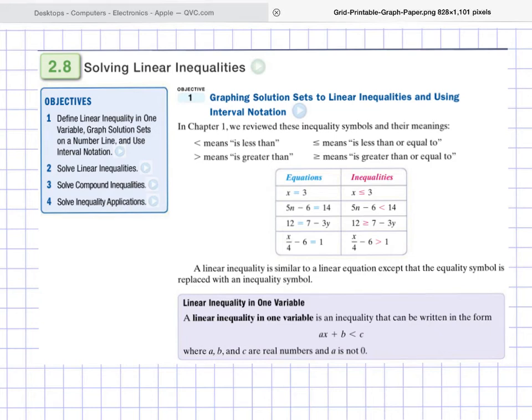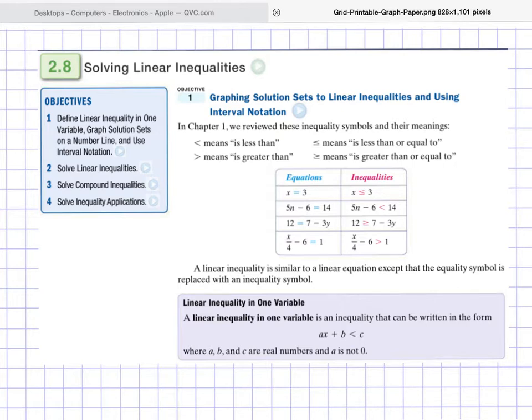In section 2.8, we will be solving linear inequalities. So far, we've been solving equations, and equations, remember, are just statements that say that one expression is equal to another expression. So you have two sides of an equation, and there's an equal sign in between.